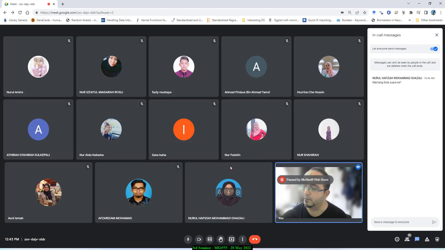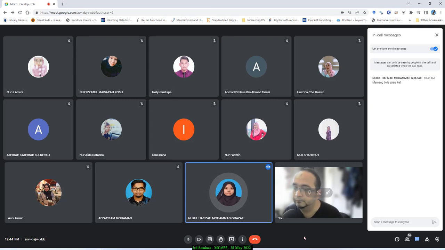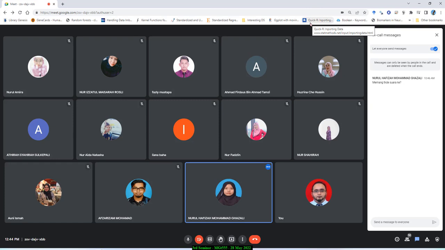Tak, kalau Microsoft Office, you need to use student email address. Sebab UiTM bagi full access untuk full license lah untuk Microsoft Office. You boleh guna you punya student address, email address. Kalau tak sure, yep. Can you share?